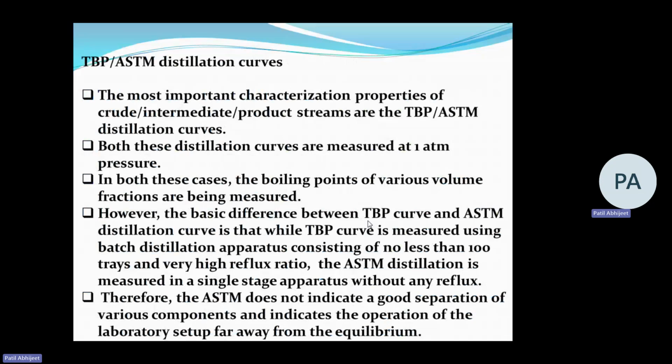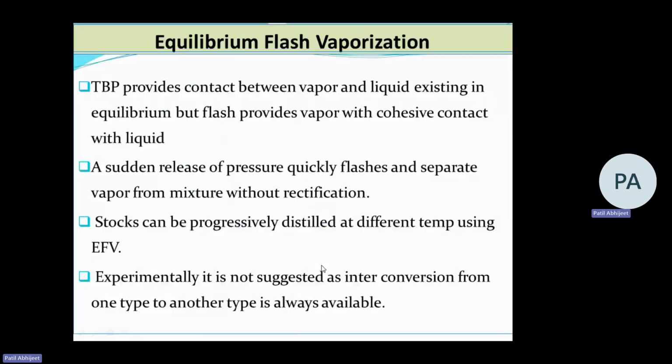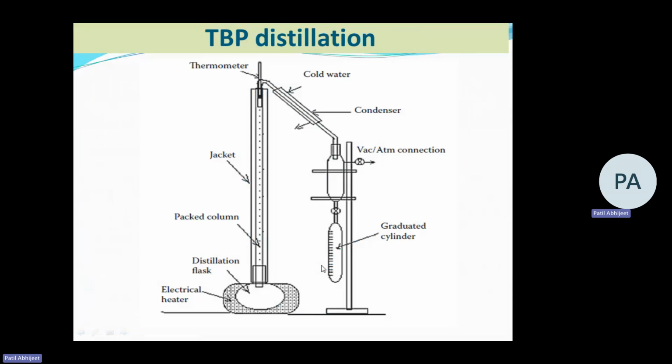And the American Society for Testing and Materials distillation follows single stage analysis, which is not a specific requirement for a particular industry-based application. In today's lecture, we are going to learn about the TBP distillation setup.